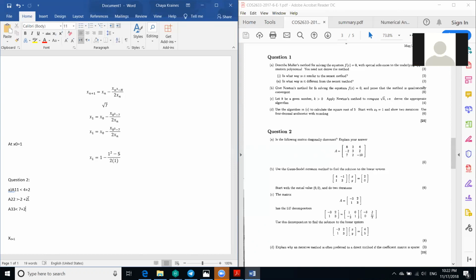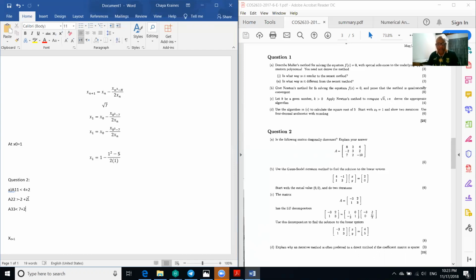In order to be diagonally dominant, does it have to be bigger than everything else or smaller? It has to be bigger. Meaning the 8 at A11 has to be greater than the sum of 2 and 4, and then minus 2 and 7.